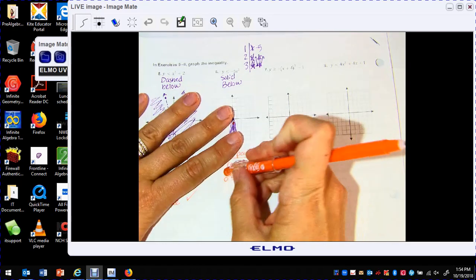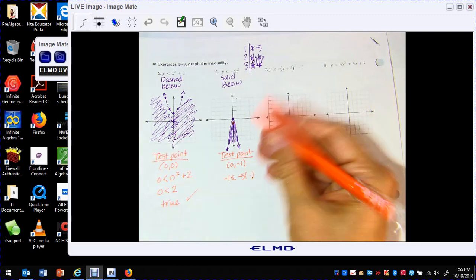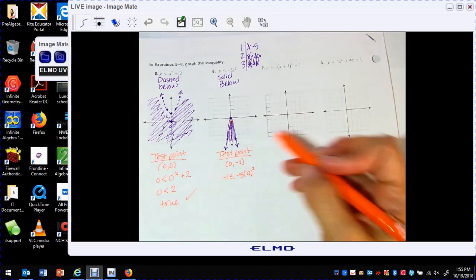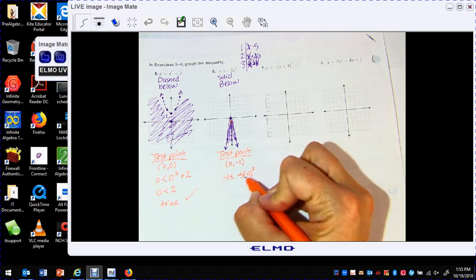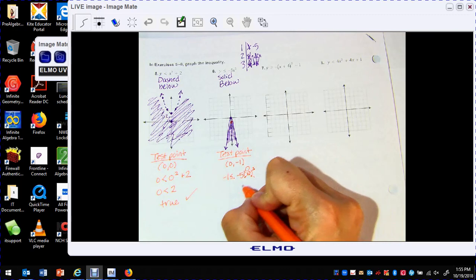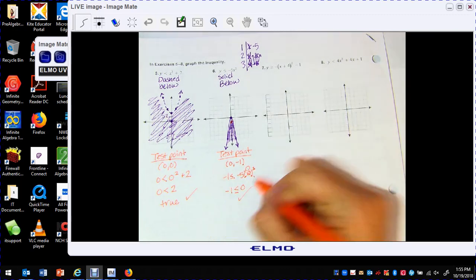This is -1, this is 0. I promise I will be a little more careful. Okay, so I have 0 squared is 0. -5 times 0 is 0. Is -1 less than that? Yes, it is. It all checked out. Okay.